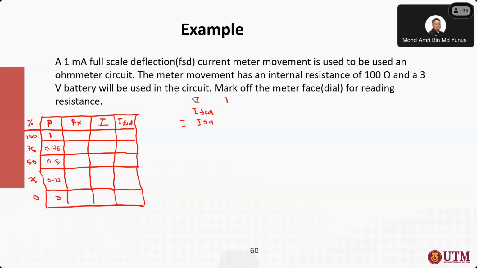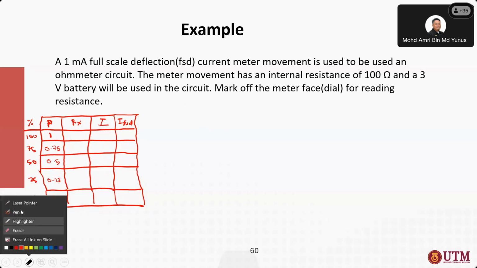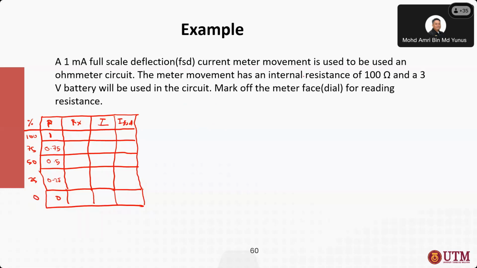Because the question here wants us to mark the meter face dial for reading, so we can think to have a space here. So this is IFSD, or we can say that is 100% deflection.